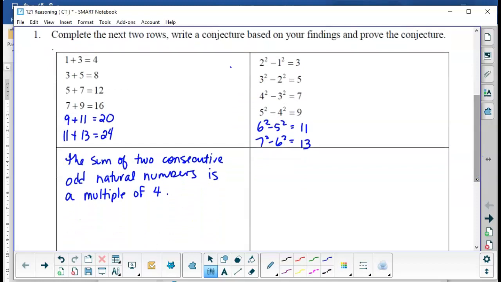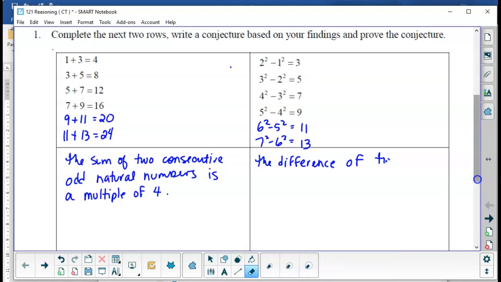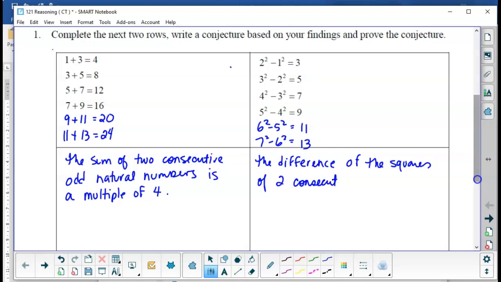Okay, so what's happening here? We're doing the difference, so that's a subtraction, of the squares of two consecutive natural numbers, and what do we get?